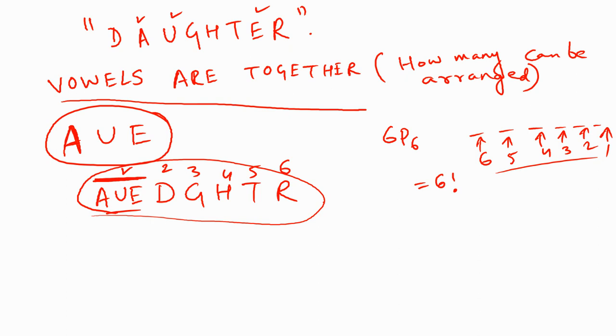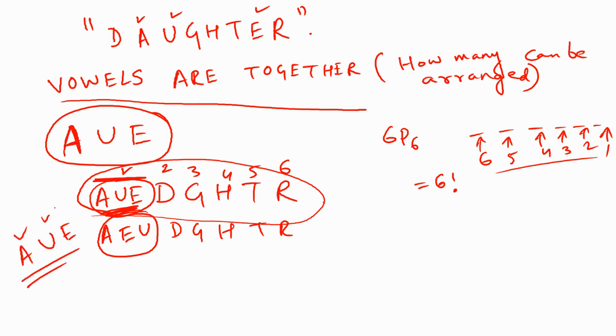See, but in reality, AUE is not a single unit, right? It can be arranged as AEU, and again the same thing, DGHTR. So we can rearrange AUE among itself in how many ways? All are different, right?